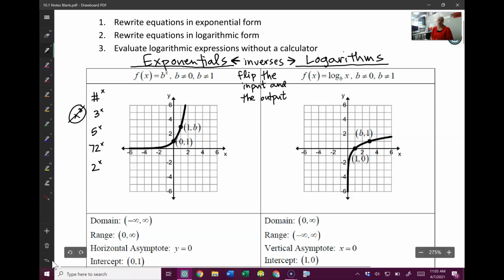Inverses are kind of like opposites, like multiplication and division. Those are inverse operations. Squaring and square rooting, those are inverses. They undo each other, they get rid of each other, they're opposites. And to find inverses, we always flip the input and the output, or flip the x and the y.